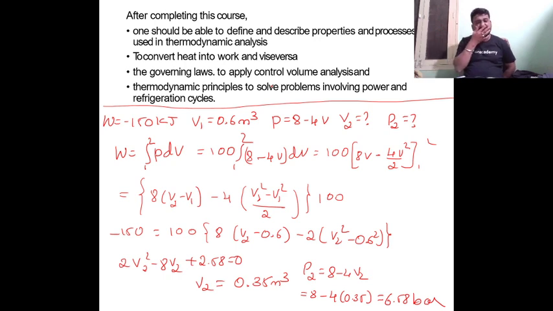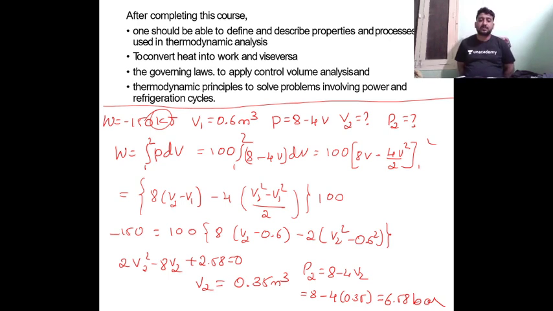In the same way, we start with W equal to integration from 1 to 2 of P dV. Why this 100 here? Because work is in terms of 150 kilojoules, so instead of writing kilo, we are writing it as 100. So integrating 8 minus 4V, you will get 8V minus 4V square by 2.